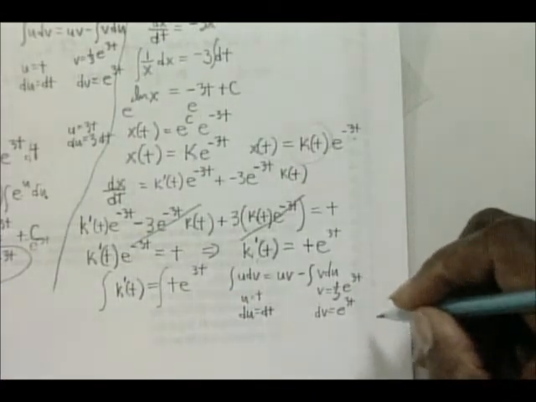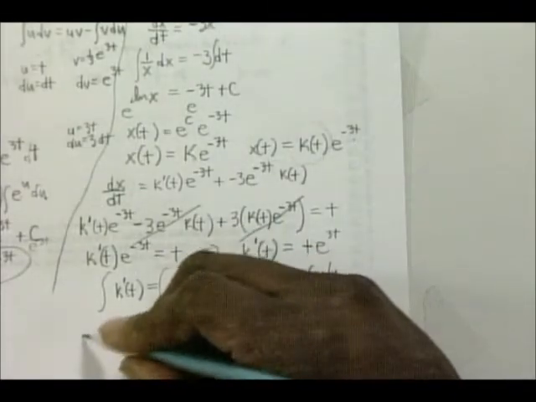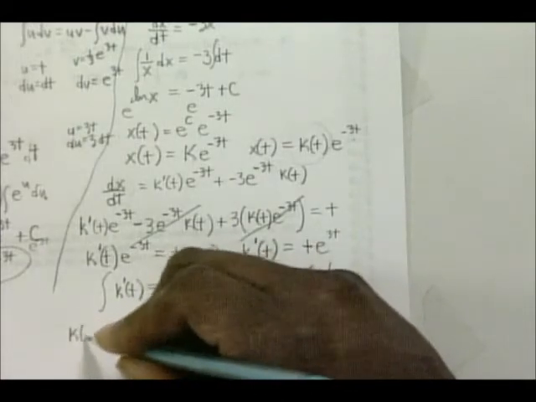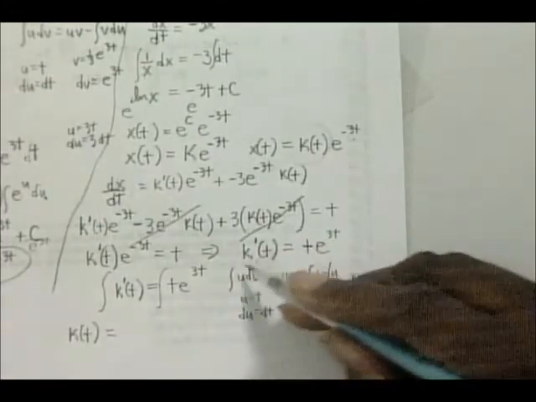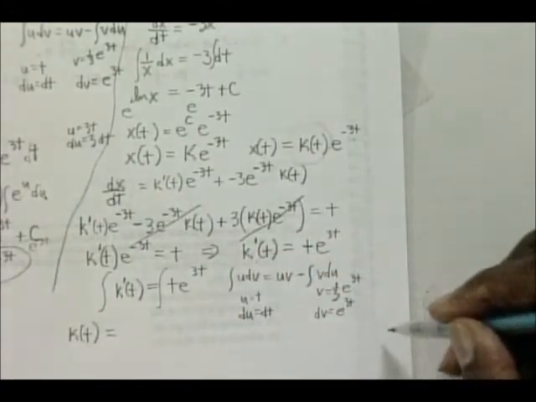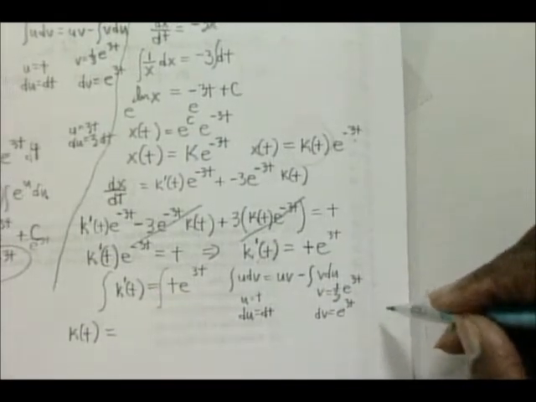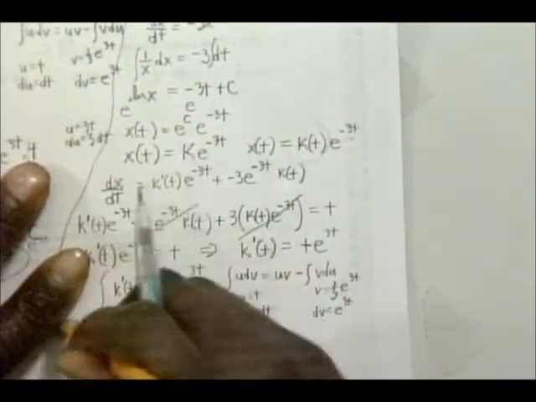So now what you're going to do is use this to take this antiderivative. The antiderivative of k prime is just k sub t. Now let's substitute into this integration by parts relationship and end up with the antiderivative of this here. So maybe drop this down a little bit.